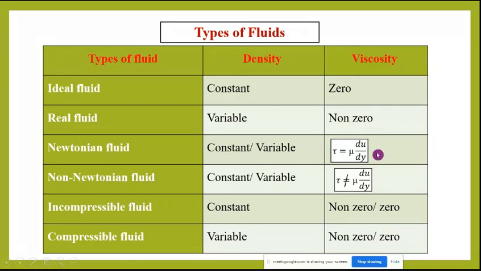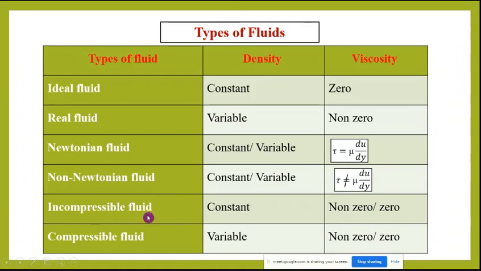This relation is applicable for Newtonian fluids. For non-Newtonian fluids, the density will be the same as for Newtonian fluids, but the viscosity will not follow Newton's law of viscosity.